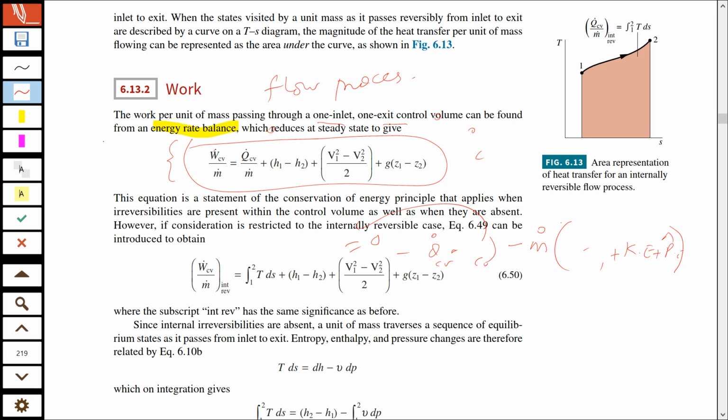It is just the energy rate balance. What are you assuming in this equation? Let me just list it. The assumptions in these equations are, number one, steady state. Number two, one inlet, one exit.